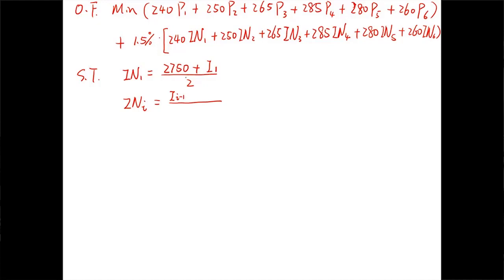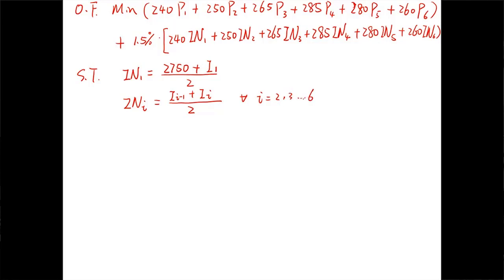Or you can do this for all of them. Just define the first equals to be 2,750. But here we'll just do I divided by 2, for all I goes from 2. Yeah, if we want to apply to this one, we'll go from 1. Otherwise, we'll go to 2, 3, 2, 6.